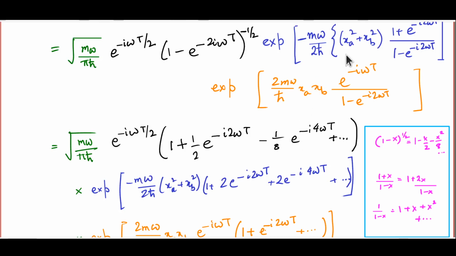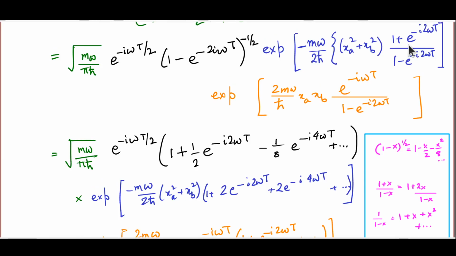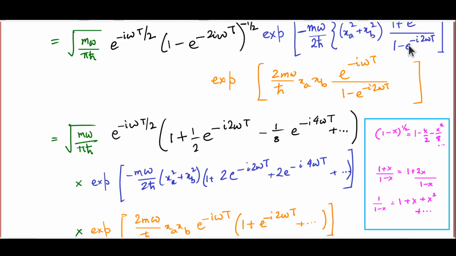Then this (1 plus e to the minus 2i omega t) by (1 minus e to the minus 2i omega t) can also be expanded out using the (1 plus x) by (1 minus x) expansion. That is the same as 1 plus 2x by 1 minus x, and 1 by 1 minus x has a familiar infinite expansion of 1 plus x plus x square and so on. So we use those expansions here and here.